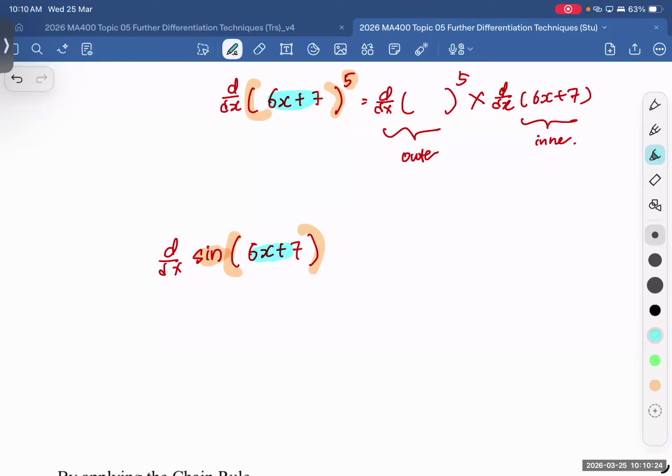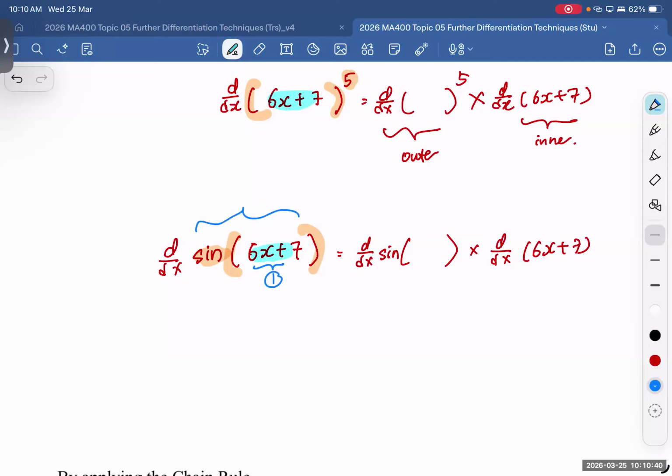So I go from outer to inner. The outer layer is sine. When I differentiate sine of something, I multiply by the derivative of 6x plus 7. This is layer 1, this is layer 2. Differentiate sine, what do I get? Cosine.